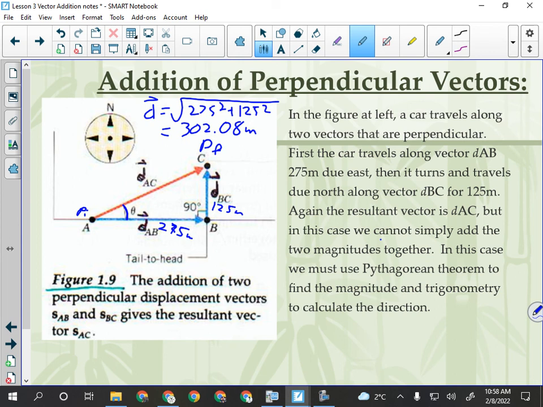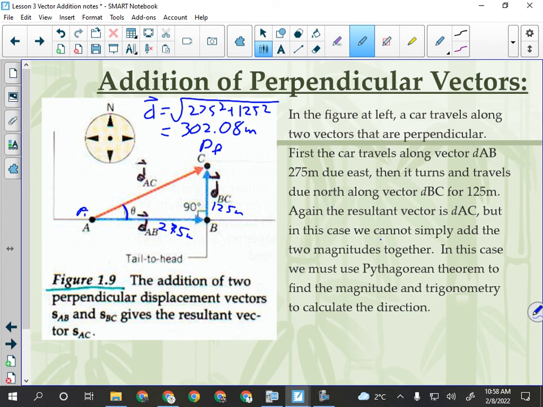I really have my choice of how I get it. For me, my choice would be to use the numbers I was given in the question rather than the one I calculated, just in case I messed that up. So, how do I use this side of the triangle and this side of the triangle, which are the opposite and adjacent sides to this angle, to get the angle?